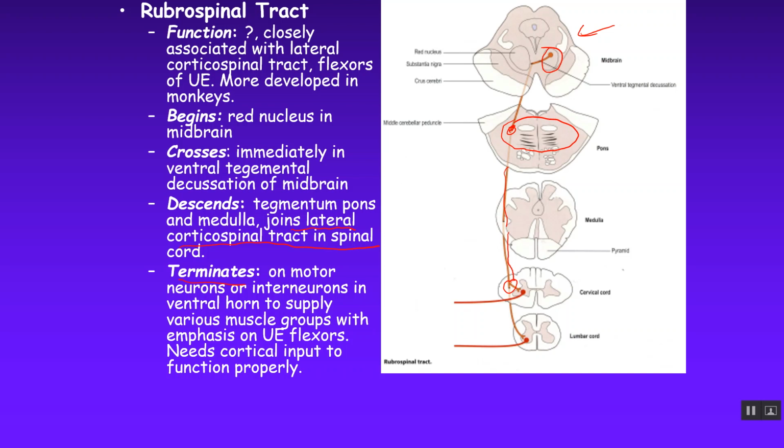When you lose that normal control, the rubrospinal tract gets overactive, and now your arm sits like this, overactive into flexion. The corticospinal tract fibers have little branches that go to it to tell it what to do under normal conditions and keep it at bay so it works at the right level. When you lose that moderating influence from your higher center, it's overactive, and that's why they tend to have their upper extremity flexed.